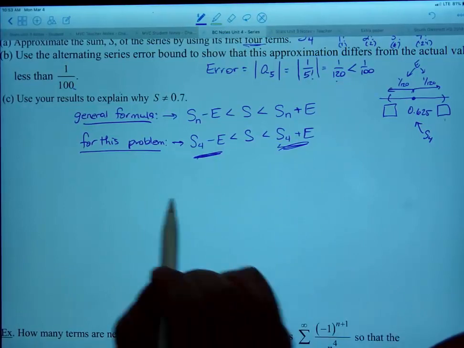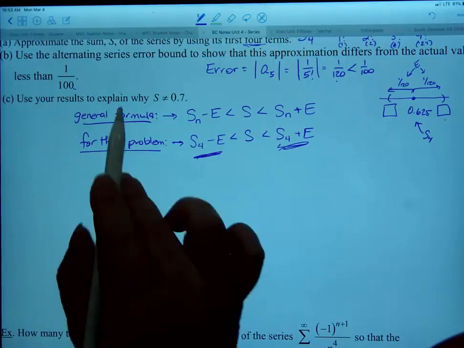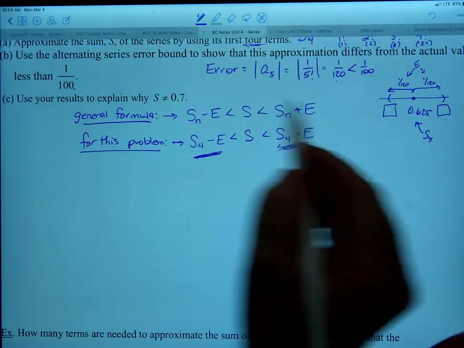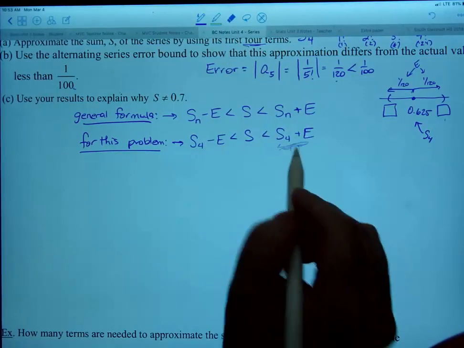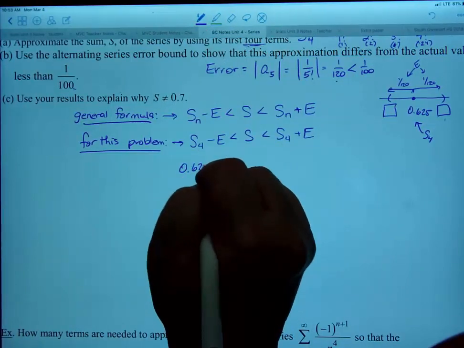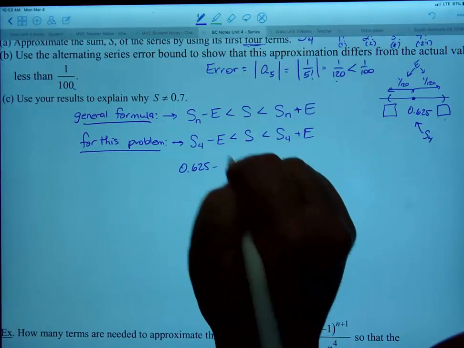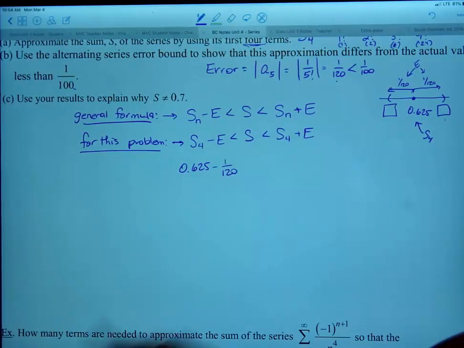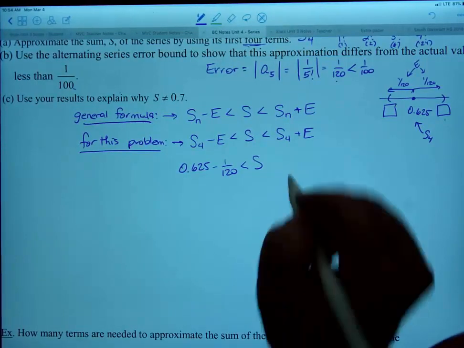Okay. Use your results to explain why S cannot be 0.7. Let's actually calculate what goes in those two boxes. So I'm going to erase this and this, and I'm going to put the numbers in. S sub 4 was 0.625 minus E, which is 1 over 120, is less than S. Now, I can never find S exactly.